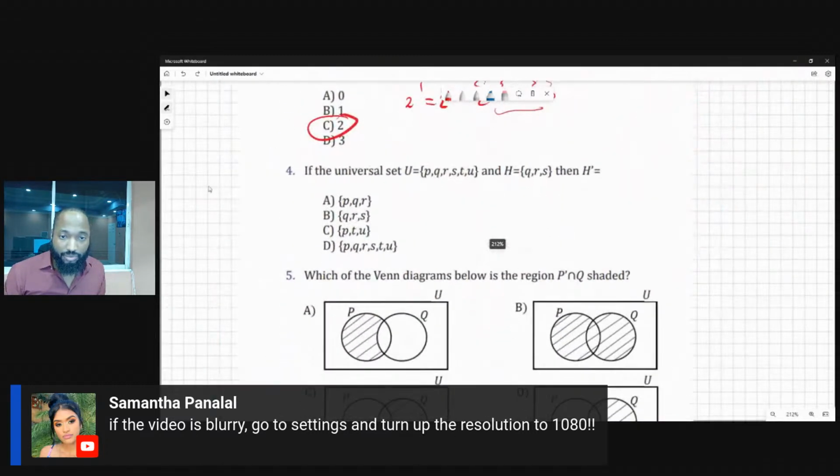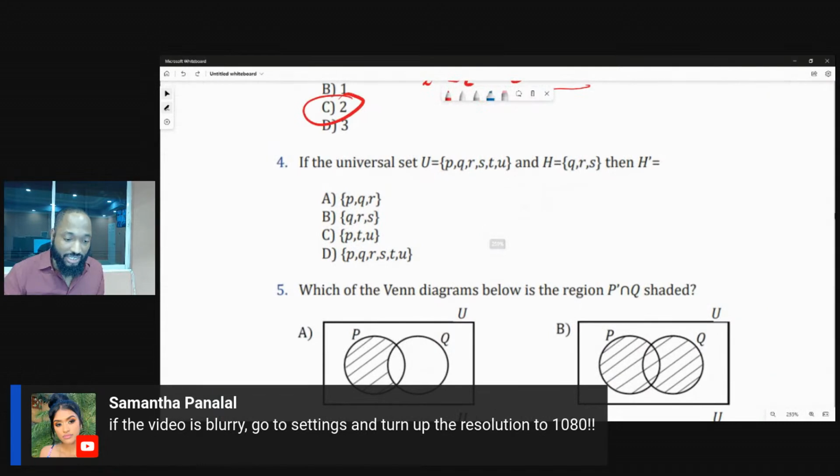Okay. If the universal set is P, Q, R, S, T, U, and H is Q, R, S, then everything outside of H, well, H is Q, R, and S. So all the elements outside of H will be P, T, U. This symbol could mean outside, right?